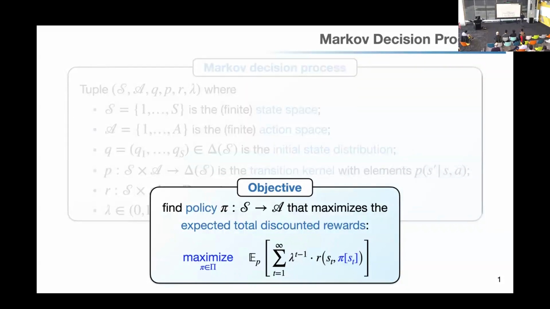The expected total discounted reward is simply the sum of all the rewards that we get over an infinite but discrete time horizon, discounted at a factor lambda. And if you note, the rewards depend on the uncertain states. So these rewards are themselves uncertain quantities. And I want to find a policy pi that maximizes this infinite sum in expectation.